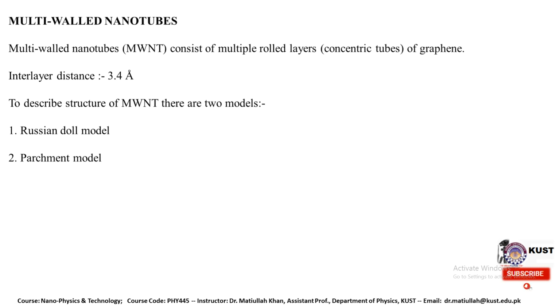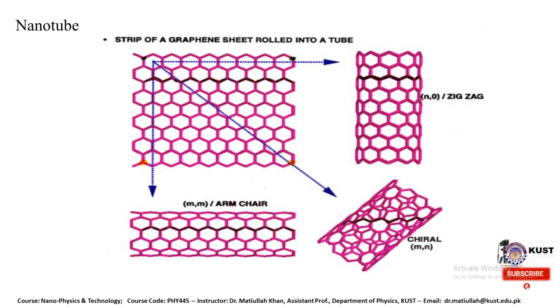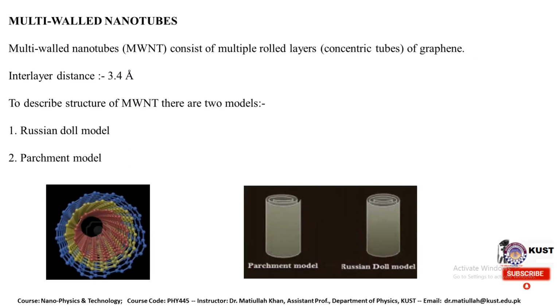Now we look toward the multi-wall carbon nanotubes. In the case of multi-wall carbon nanotubes, we have multiple layers, and these are rolled layers of graphene. The interlayer distance in this case is around 3.4 angstrom.